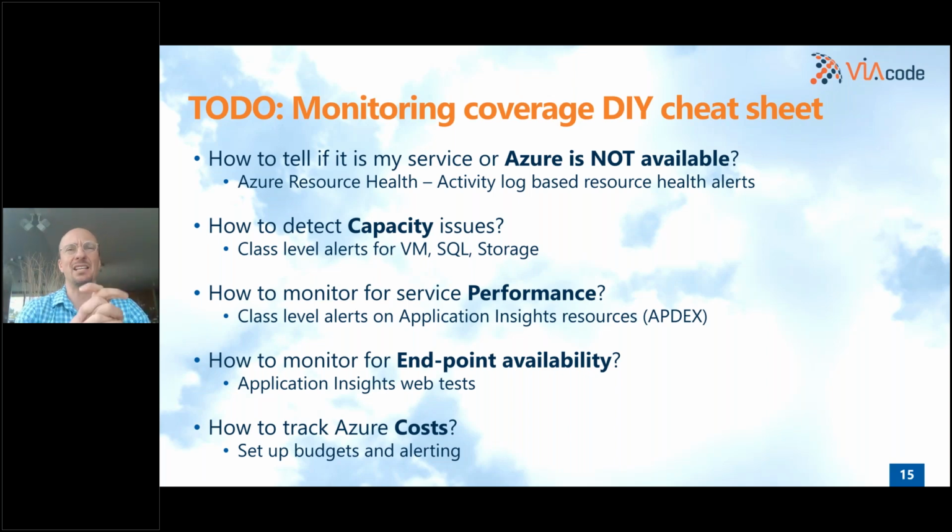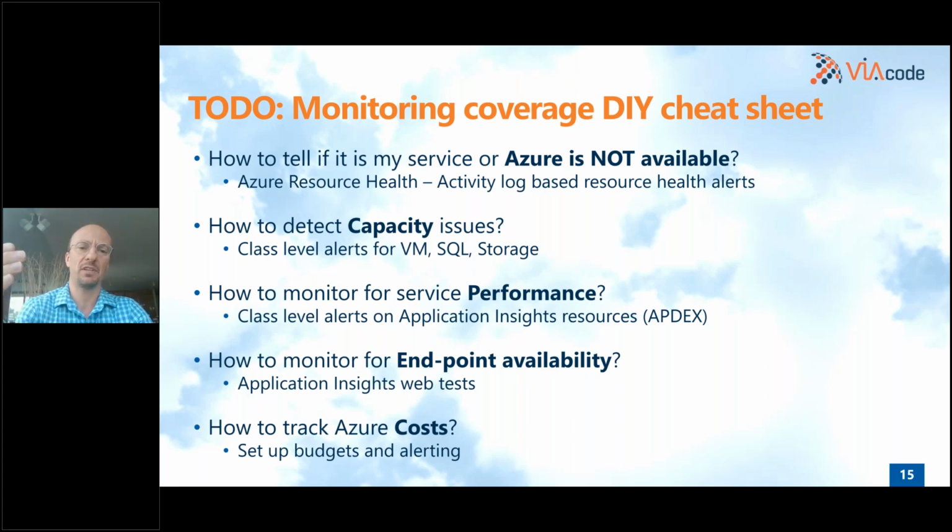Another bucket is capacity, and it is very important that you still need to monitor for capacity. Let's say you bought a SQL plan with 250 DTUs. That's one of the capacity limits on a plan. If your application exceeded that capacity, it might run slow or become unresponsive.